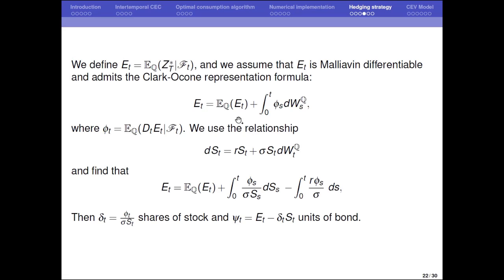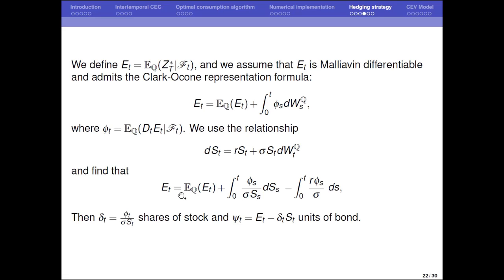So here we have that phi is the expected value of the Malliavin derivative of E_T, and we use the relationship of the dynamics of the stock under the Q measure to find the solution of E_T.